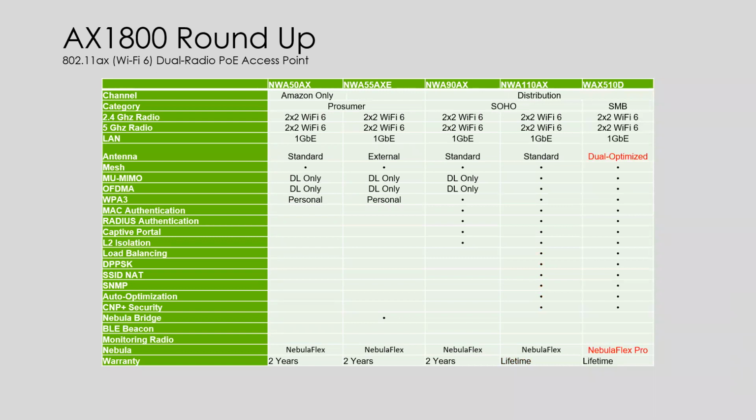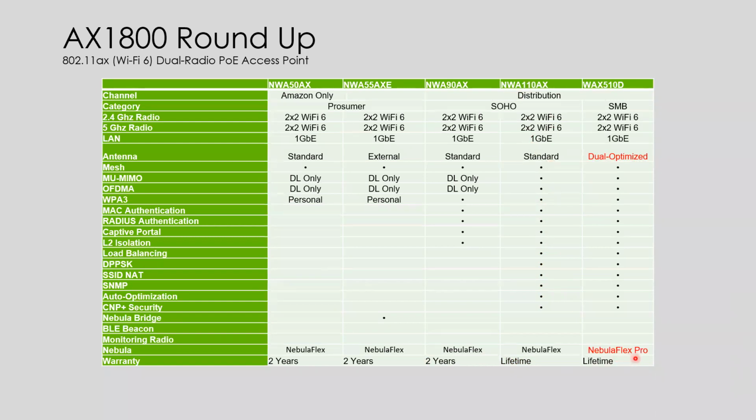So the next step up from that, sticking again with AX 1800 technology, is the WAX 510D. Very similar hardware to the NWA 110AX. The differences are you're getting dual optimized antennas instead of the standard antennas, and then Nebula Flex Pro.